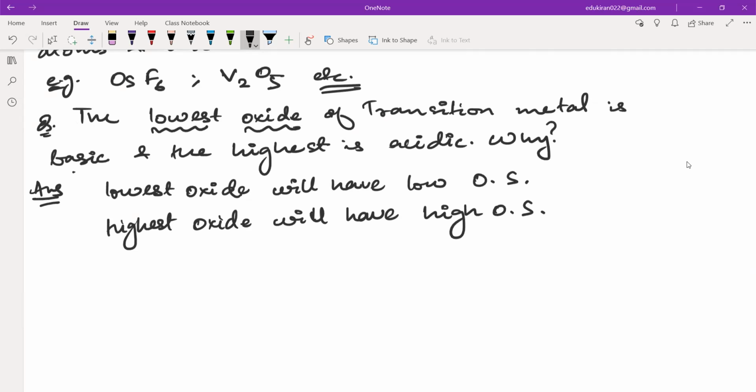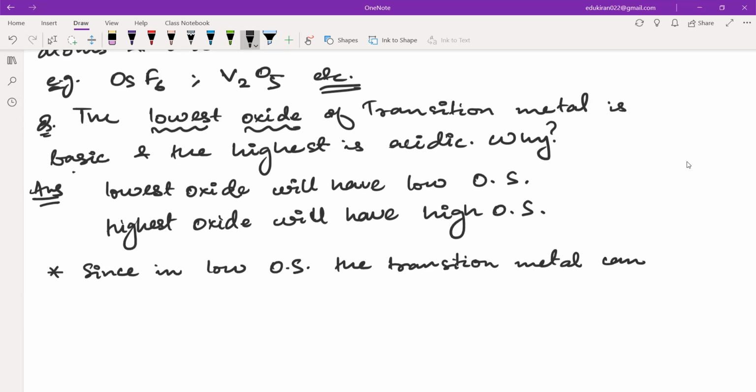You will write: since in low oxidation state, the transition metal can only be involved in, losing electrons or gaining electrons?